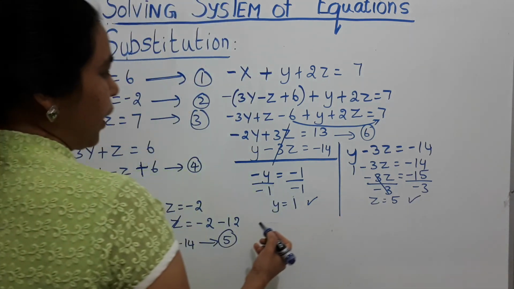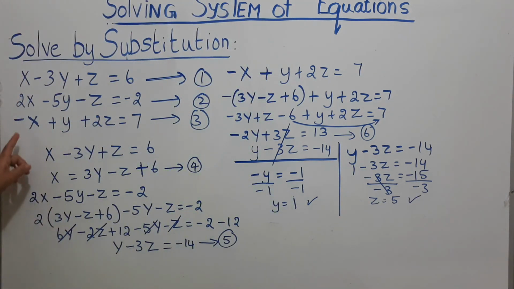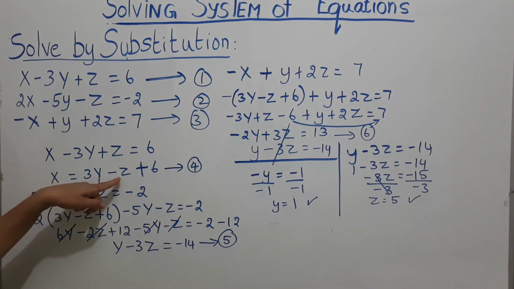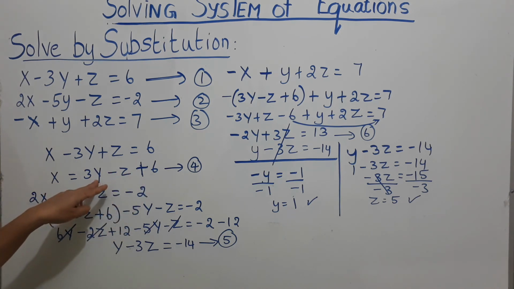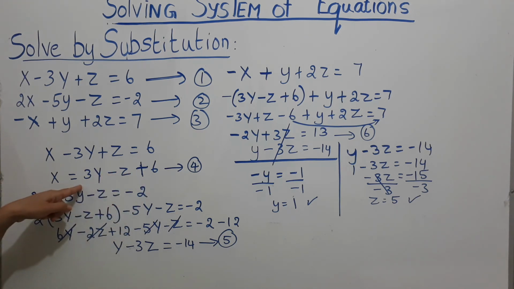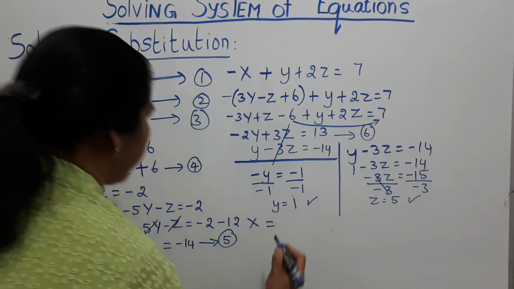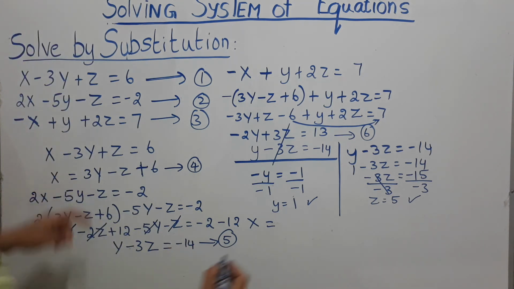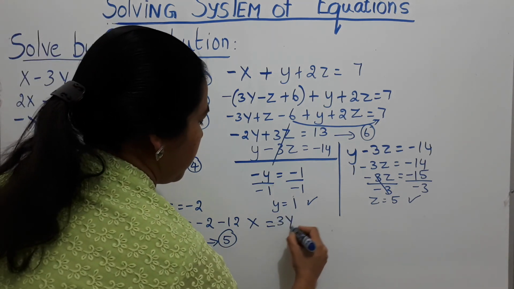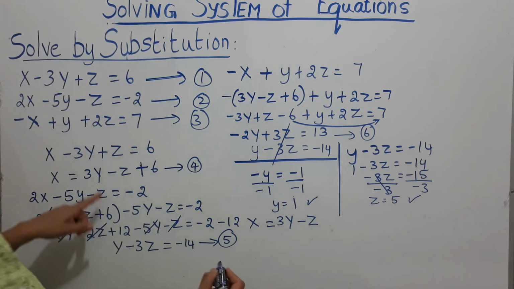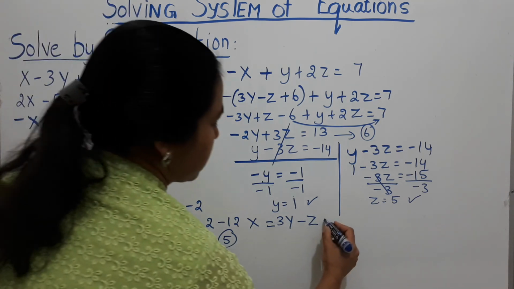Now finding the value of x is easier now because already you have solved for x, right? The fourth equation is x equals 3y minus z plus 6. So if you substitute the value of y and z in this equation, it is easy for you to find the value of x. So x equals 3y minus z plus 6.